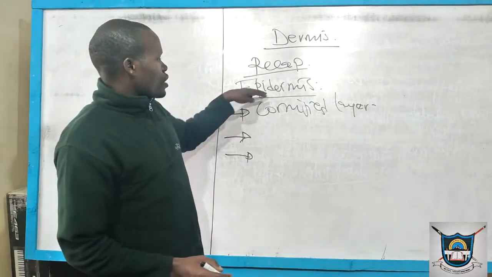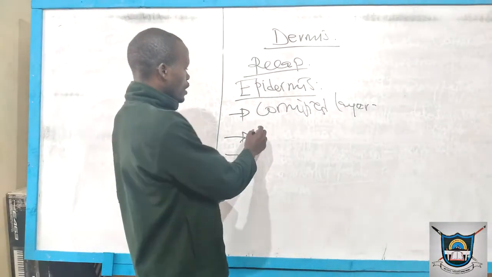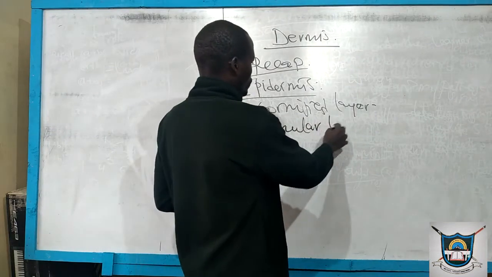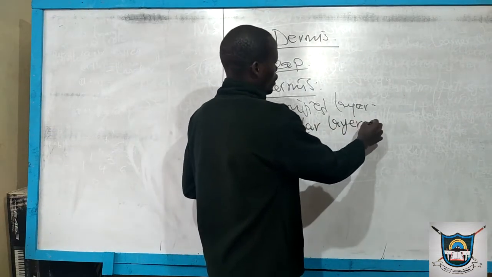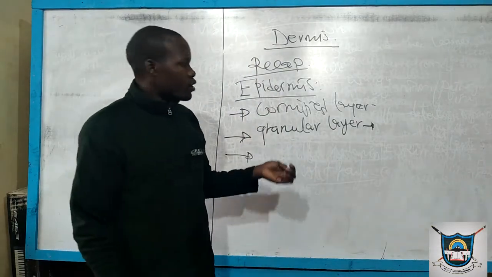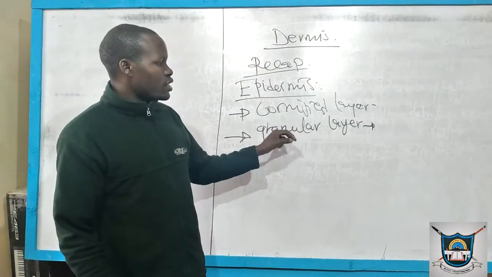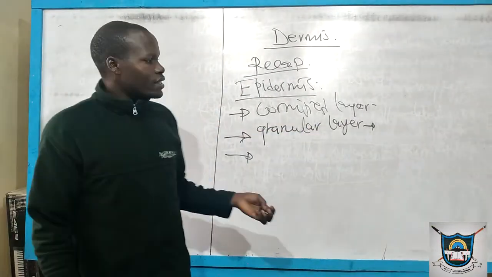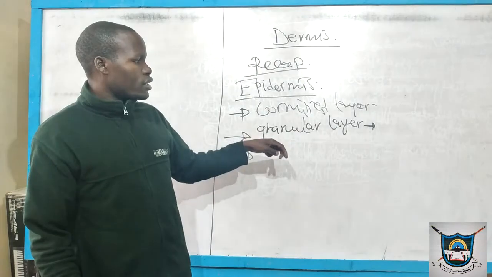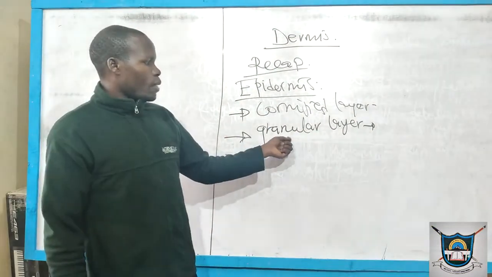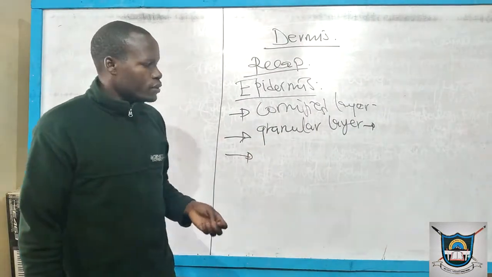We also said that within the epidermis again, we have another layer called the granular layer. The granular layer, we said, has the live cells. The live cells are the ones responsible for the sensation of stimulus, or else in case of a sense which has occurred in the body, there is pain, there is heat, or even cold, it is within this area that all those are going to be detected.